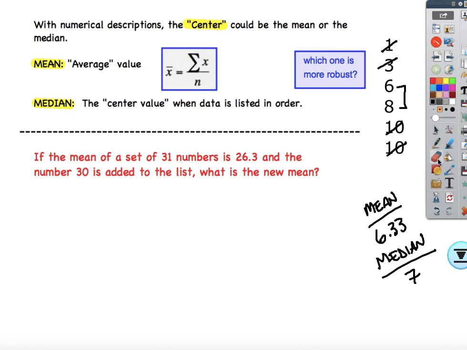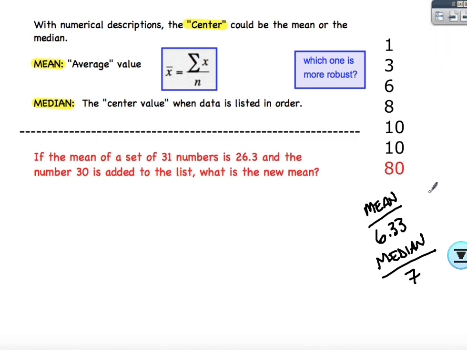Okay, well, now what would happen if I introduce another number? Let's look at what the mean and the median would be now. So now I would add all these up and add on the 80. And now I need to divide by 7 numbers.